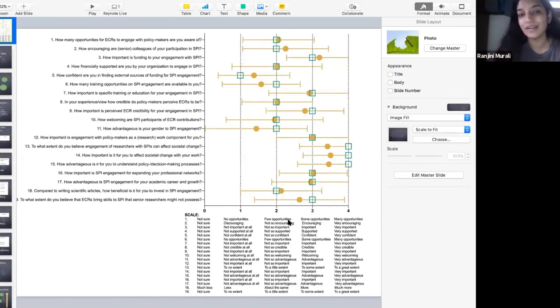So it was kind of in the middle. Nobody knew of those. So this is one example of a way of analyzing this Likert scale data.